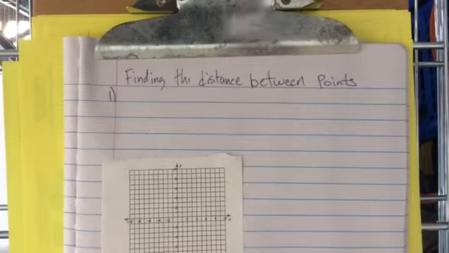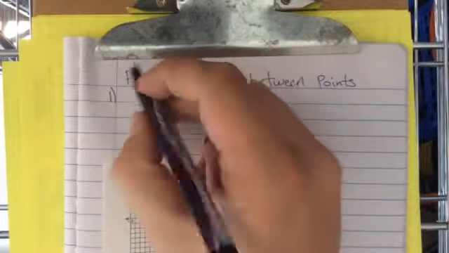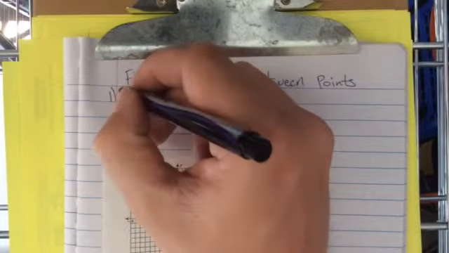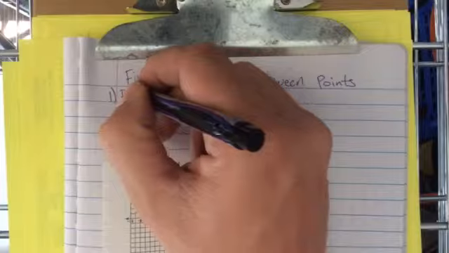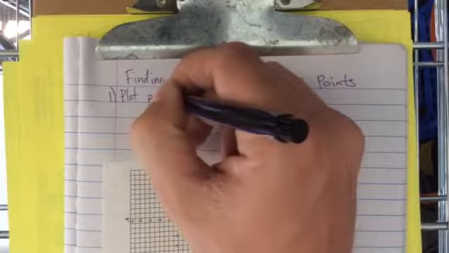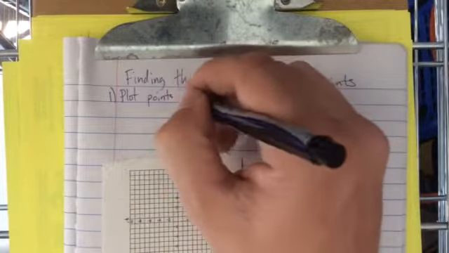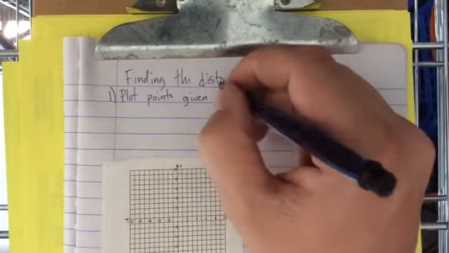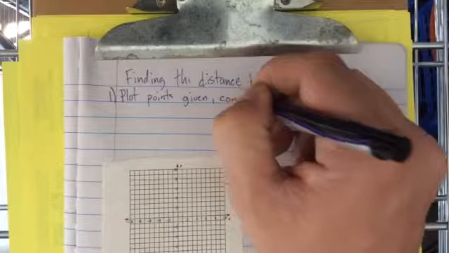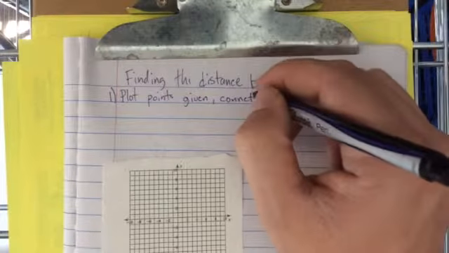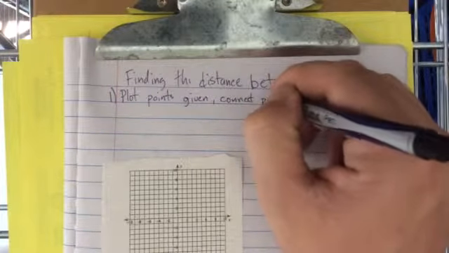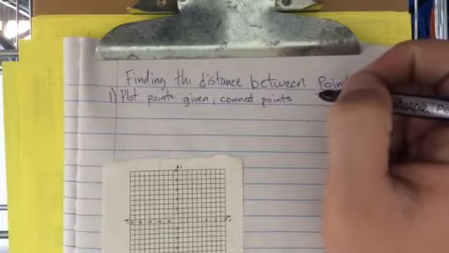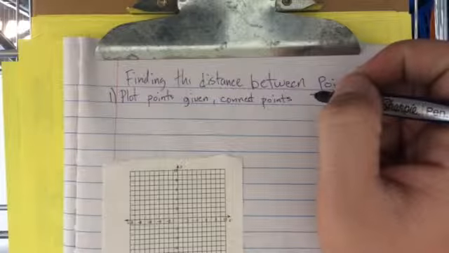Step 1: plot the 2 points given, and draw a line connecting the points. So we're going to draw a line connecting the 2 points that we are given.